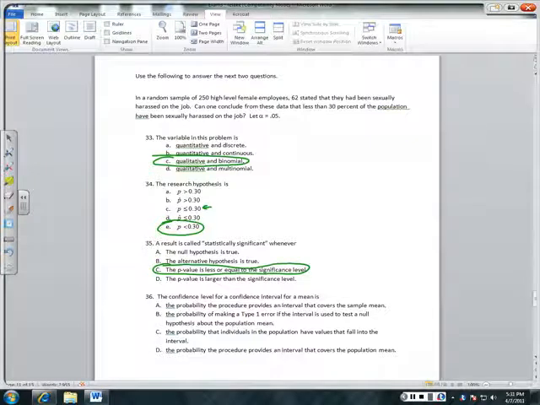When the research or alternative hypothesis is true, well, even if you reject H0, even though you're confident that it's true, that doesn't mean that it is true. There's always a chance of error when you do a hypothesis test.